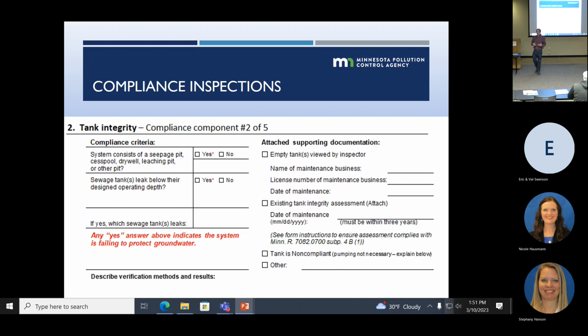Why am I harping on that a little bit? Because we have seen that. I've had counties ask me, what do I do with this? Well, it's not complete. Ask the inspector to finish it. And so then people get frustrated with the county, and I would just say, please don't get frustrated with the county. Believe it or not, they're actually doing you a favor.